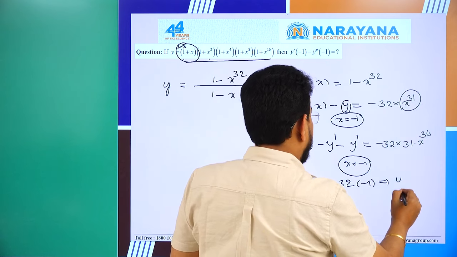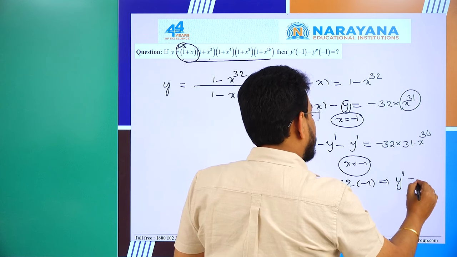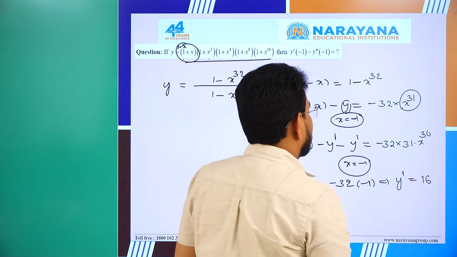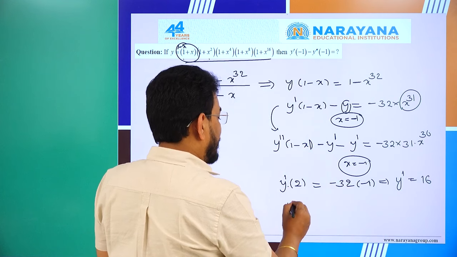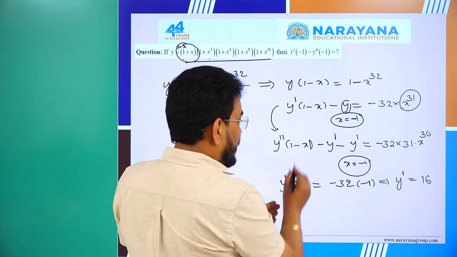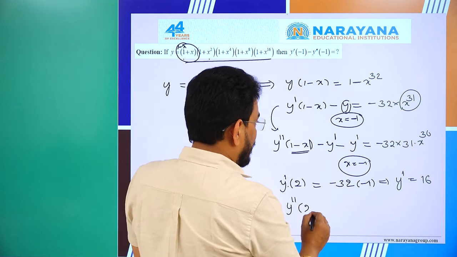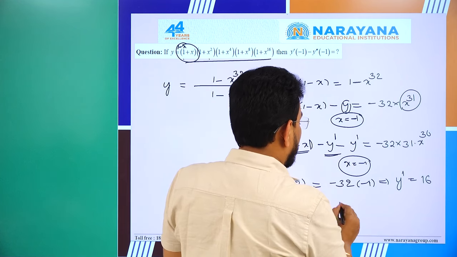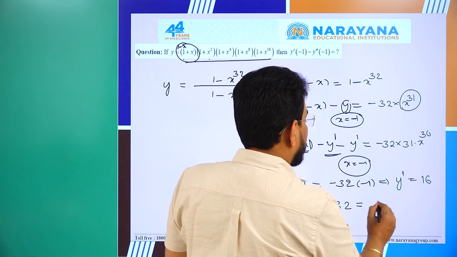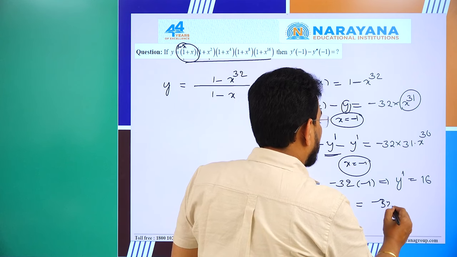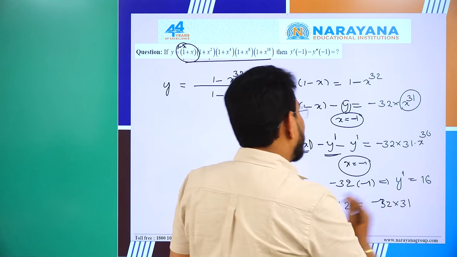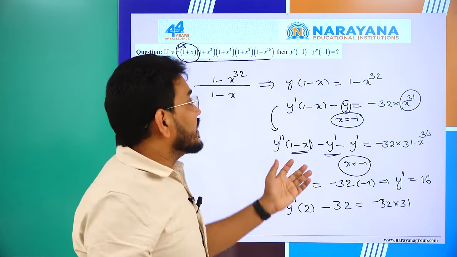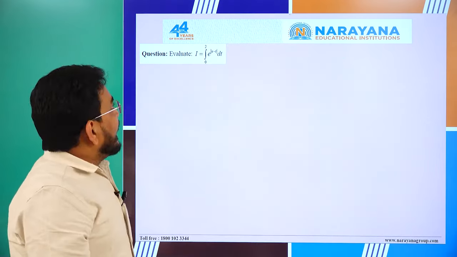So you will be getting y dash is equal to 16. Now here y double dash into 2 minus 16 is equal to minus 32 into 31. So just simplify for the final answer.